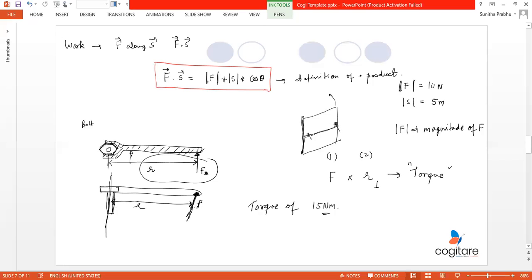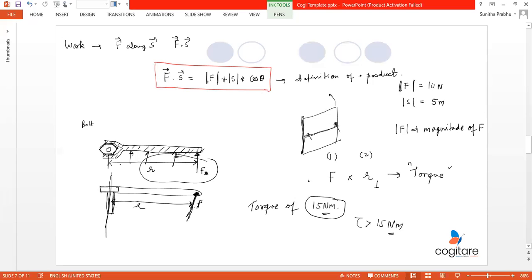But put together, F into r is going to be greater than or equal to 15. Or you might choose to increase the distance and apply a far lesser force. But the product of that force into this greater distance will again be greater than or equal to 15 Newton meter. So this bolt doesn't care whether you're pushing it here or here. The net effect is the torque that you apply should be greater than 15 Newton meter. And when you do that, it yields.